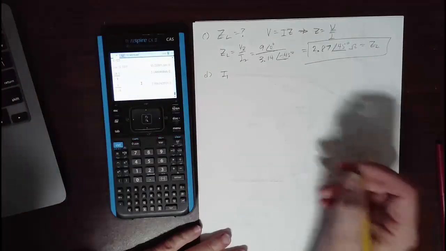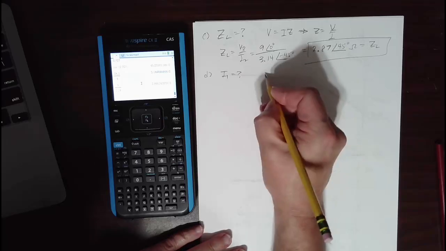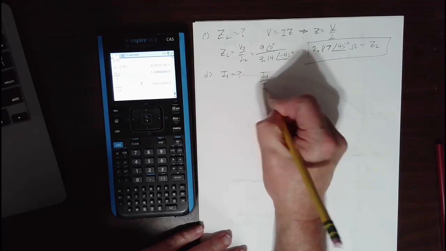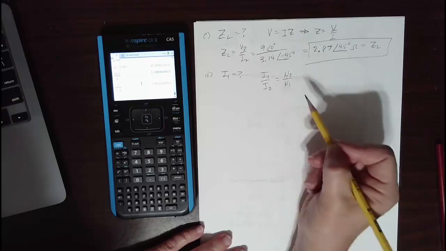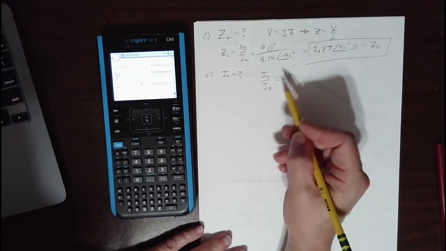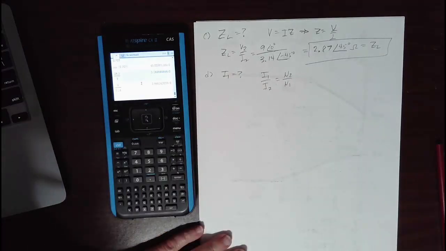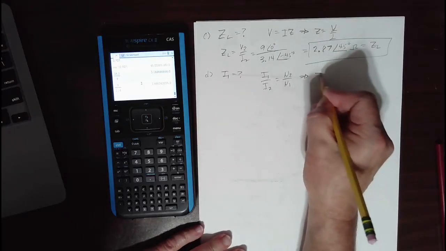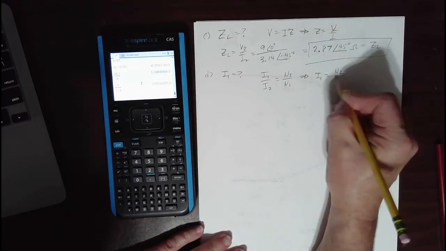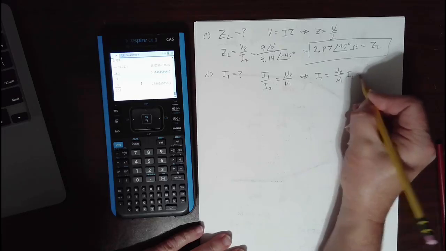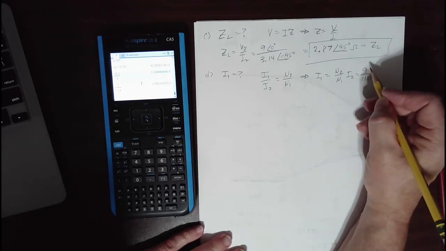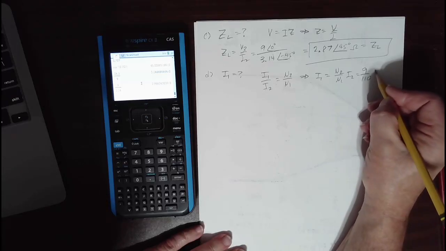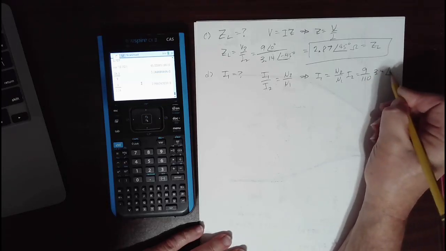So I1 is what? Well, remember the ideal transformer equation. Current goes opposite of the turns ratio. So the side with more turns will have less current and vice versa, right? And so we want I1. So I1 is N2 over N1 times I2. N2 is 9, N1 is 110, I2 is 3.14, angle 45 degrees.